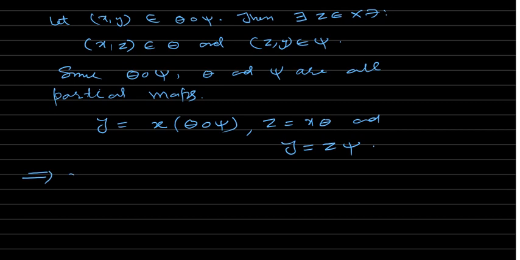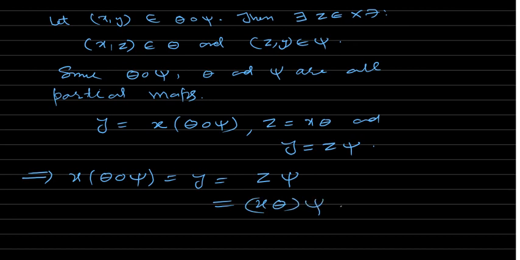This implies x of theta composition psi is equal to y. What's y? y is z psi, and z is equal to x theta, so y is x theta of psi. So the composition of theta and psi in the case of partial maps is just the composition of partial maps. The composition you defined for relations, when applied to mappings, is just the composition of mappings.